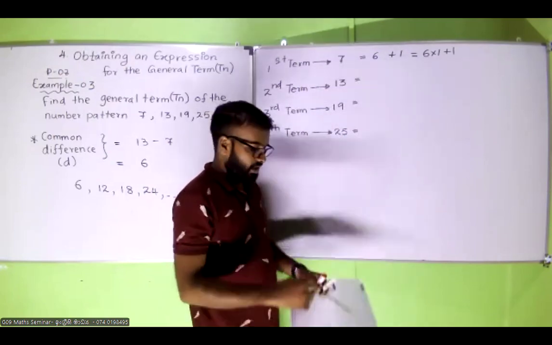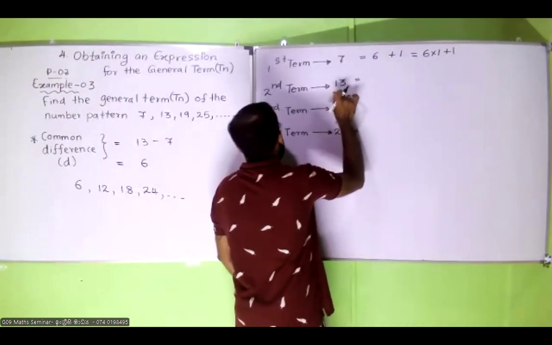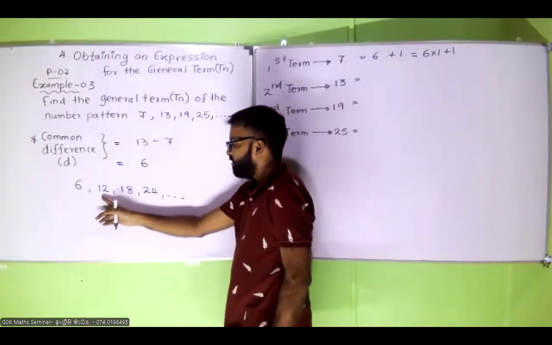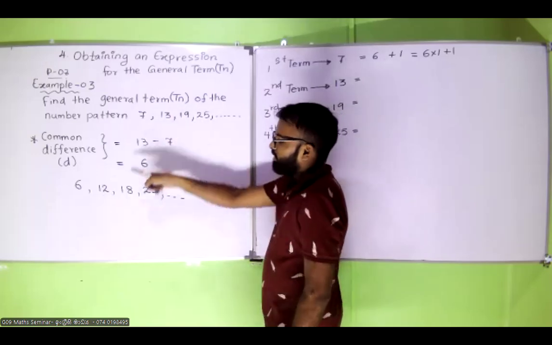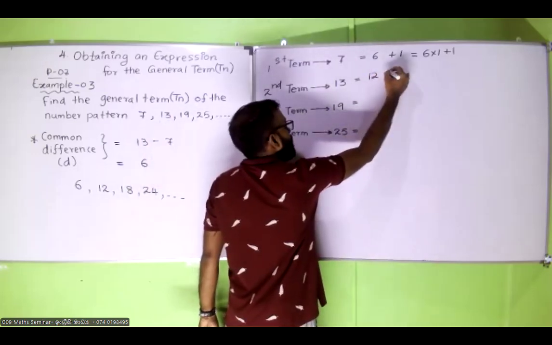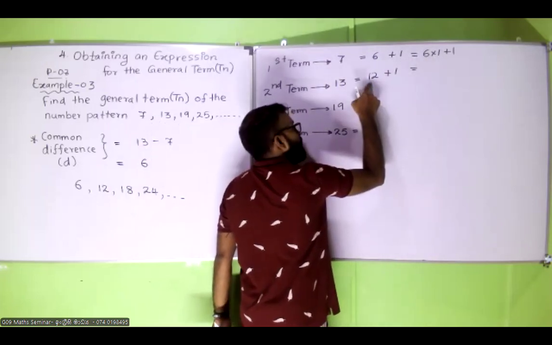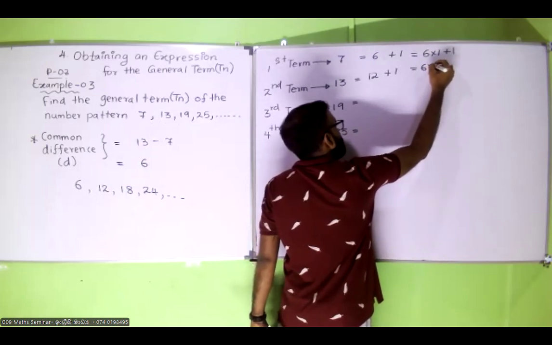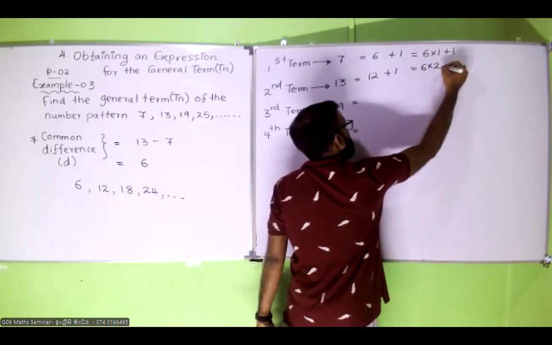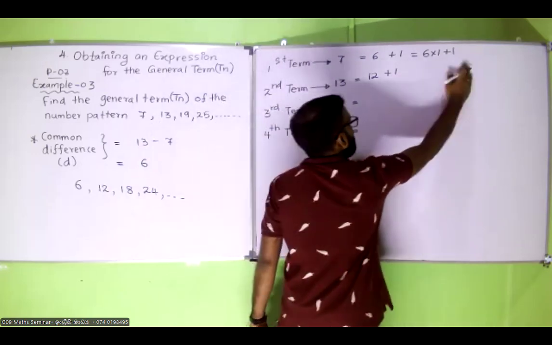Understood? Now 13. How are we going to obtain 13? By looking at this, 12 plus 1 is 13. How are you going to write 12? 6 times 2 plus 1. Right? 6 times 2 plus 1.